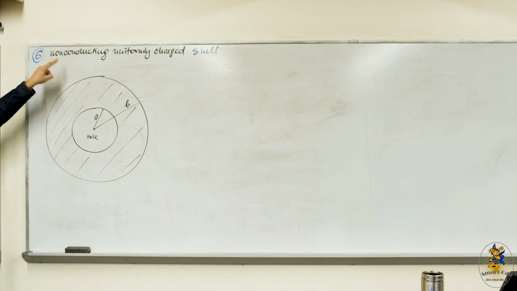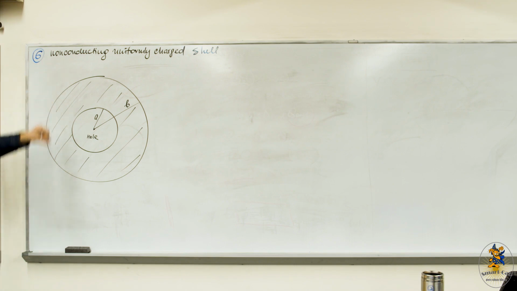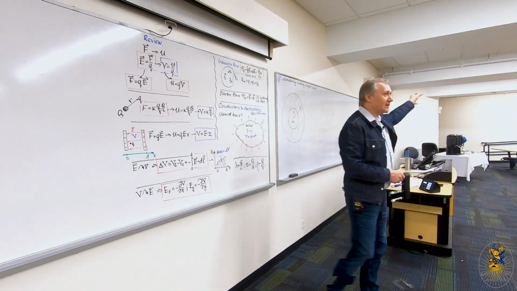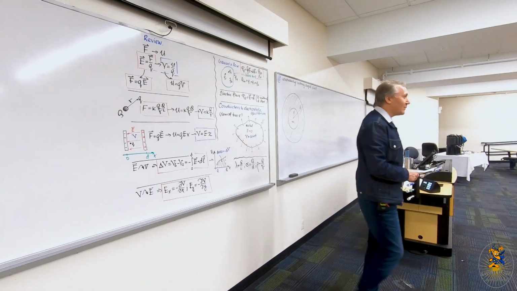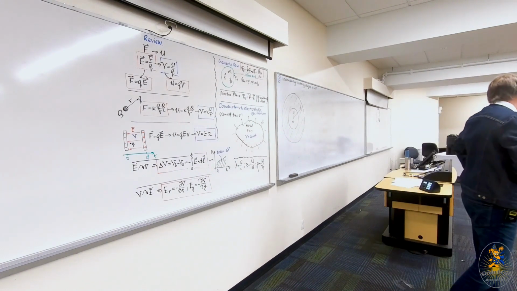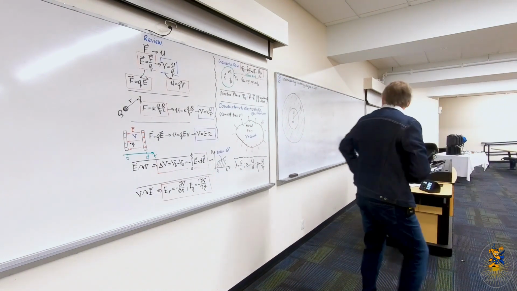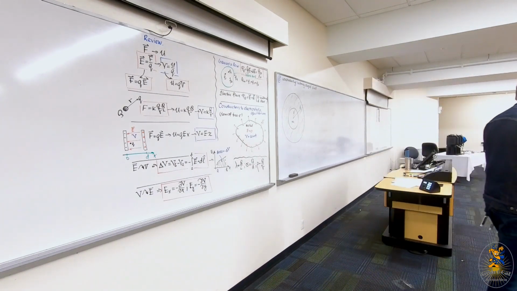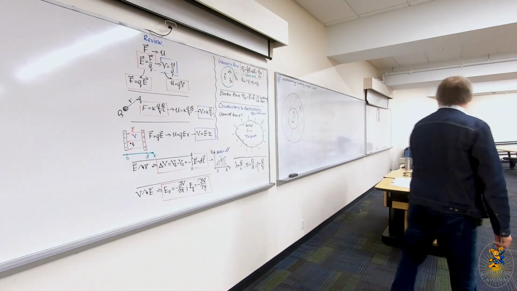Do not use properties of conductors over here. Because almost every semester, a few students write, electric field inside is 0. No, that's only correct if you have a conductor and tons of free electrons. In this case, it's some shell stuffed with charges, right? Stuffed with electrons, but they're not free. Or some other charges.